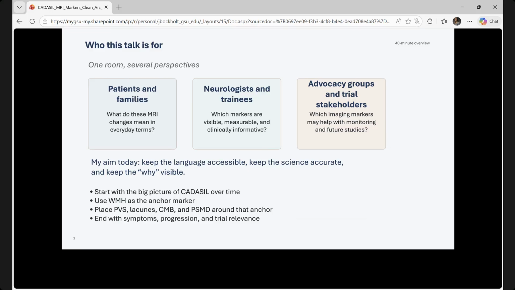As most of us know, CADASIL is an autosomal dominant, genetically determined small vessel disease, and it affects the brain's small vessels in a very distinct way. These vessel changes then contribute to the tissue injury, and eventually the symptoms that are observed over time.